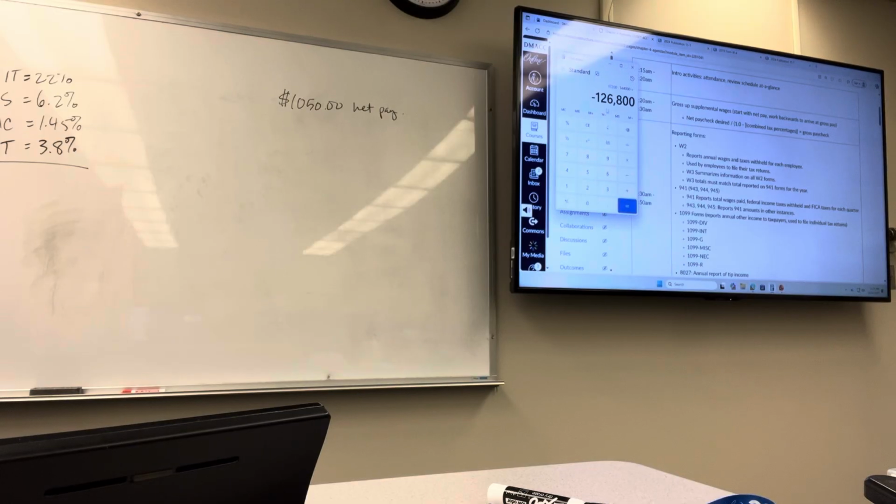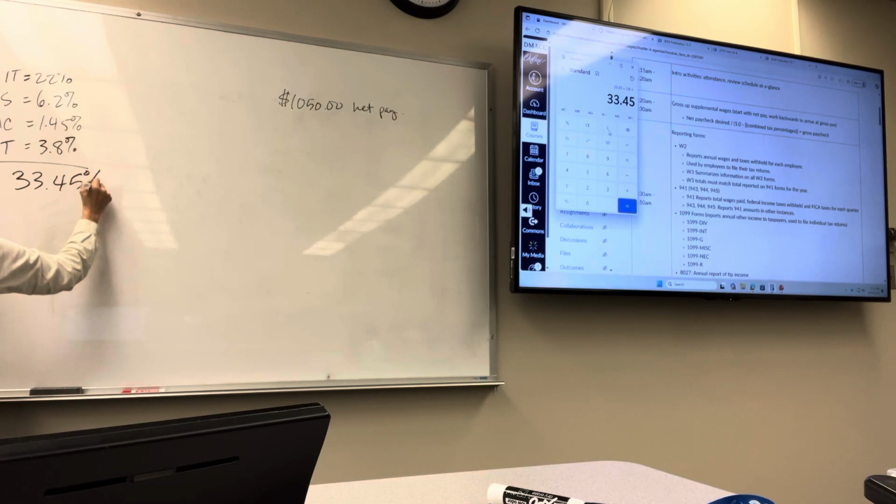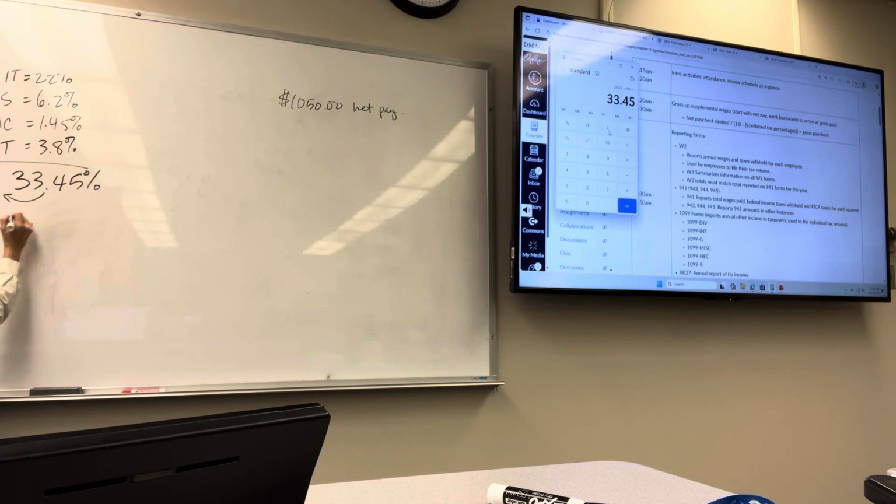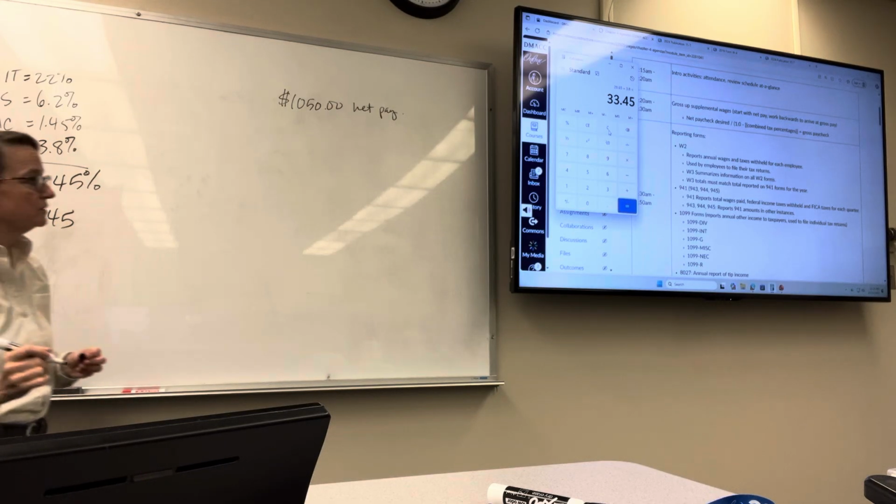So let's add up all of these. 22 plus 6.2 plus 1.45 plus 3.8. So 33.45%. To convert that to a decimal, we're just going to move that over. So 0.3345 is what we're going to use.